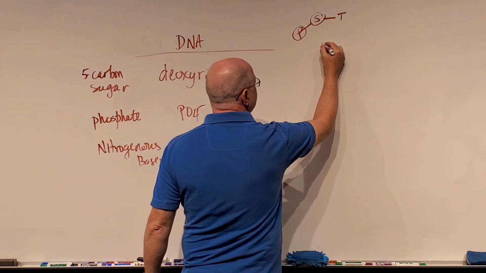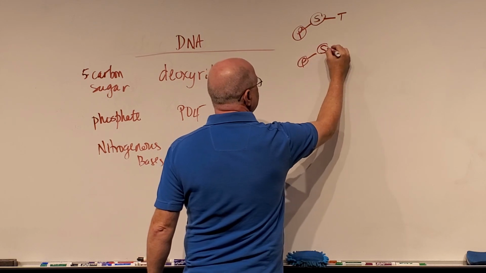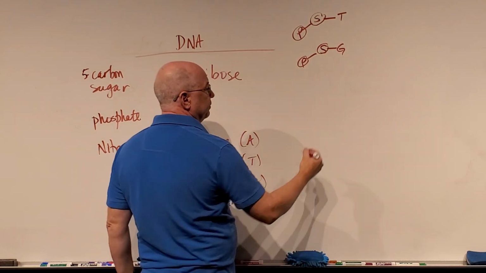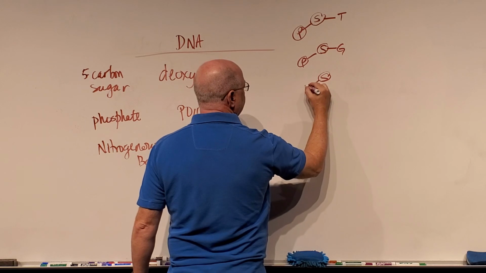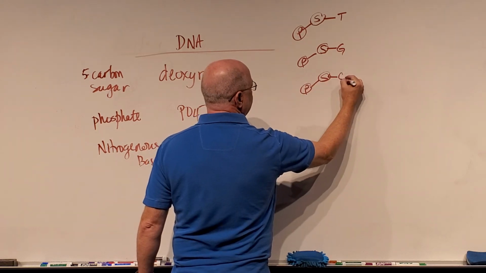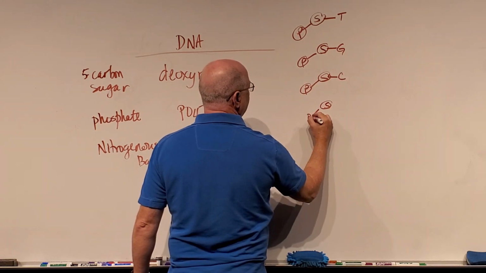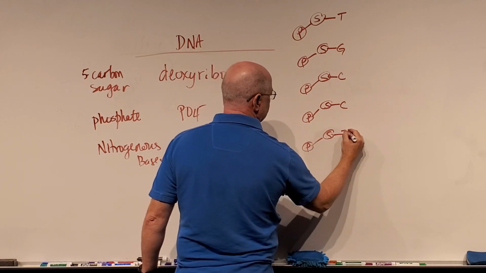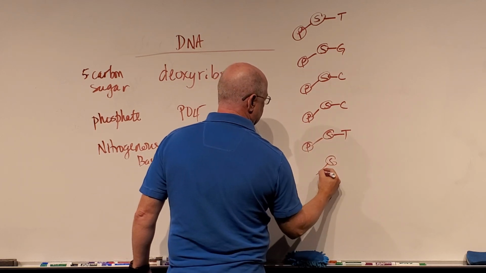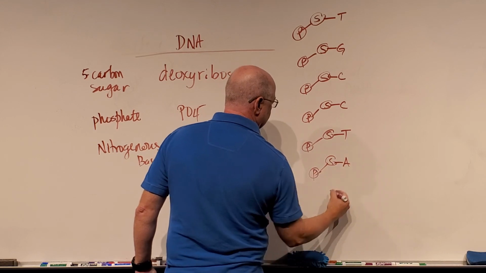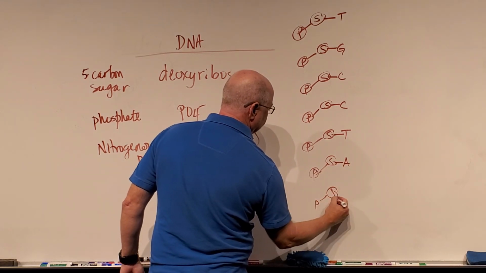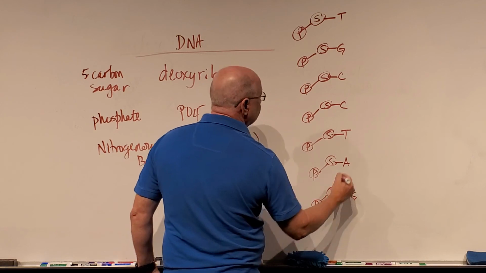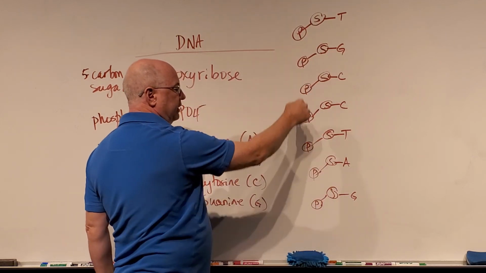If I took another sugar and another phosphate and another base, and let's just do a whole bunch of these. I'm going to do one more. So these are the sugars and these are the phosphates.